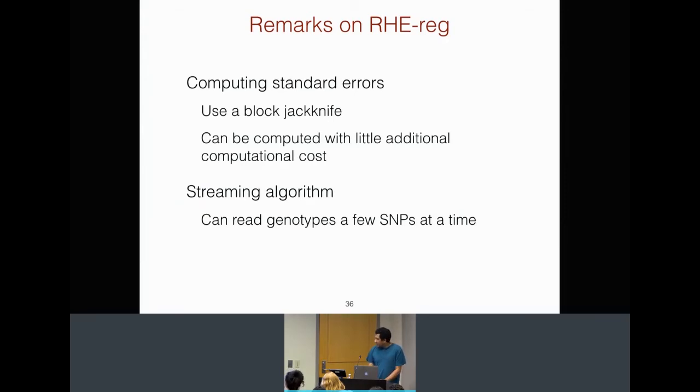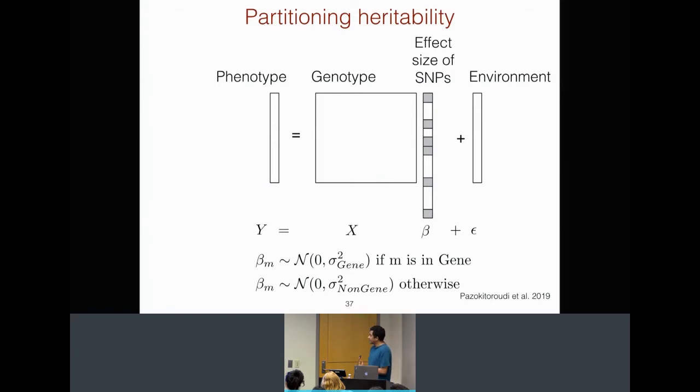All right, so in the next couple of slides, I'll just talk about a few extensions of this. The basic idea is the same. It turns out it can be extended in a bunch of different settings. So as I said, you're interested in not just heritability, but how it varies along the genome in different kinds of functional annotations, for example. So for example, we might want to have a different variance parameter for those SNPs that lie within a gene versus those that are outside.